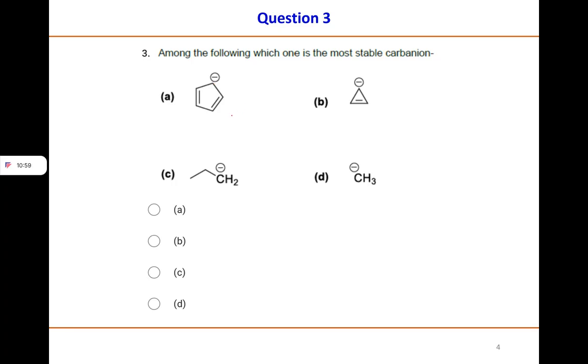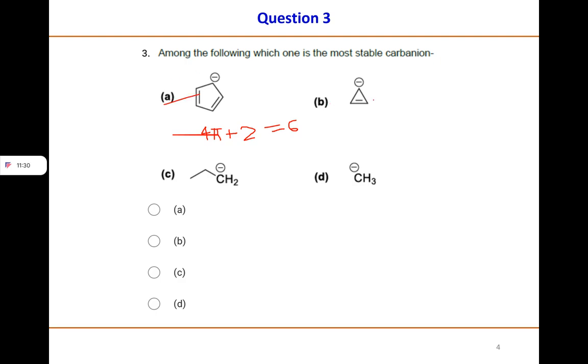So the total number of electrons in this case is 6, right? So it comes under the 4n plus 2 Huckel rule of aromaticity. So here we have 6 electrons. So this is an aromatic system.